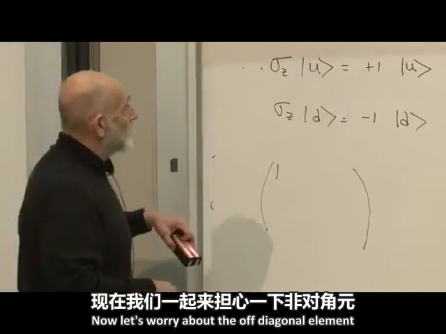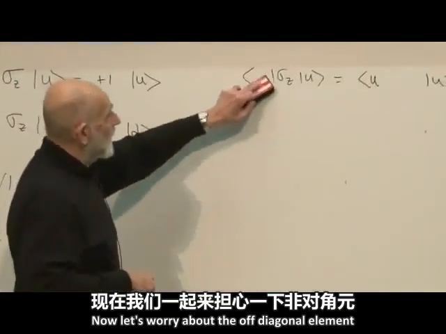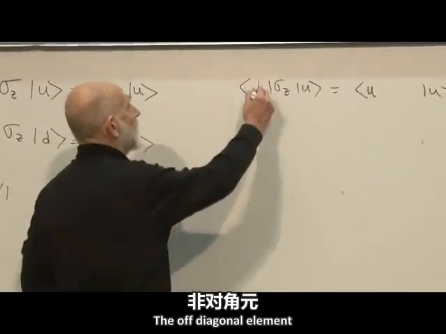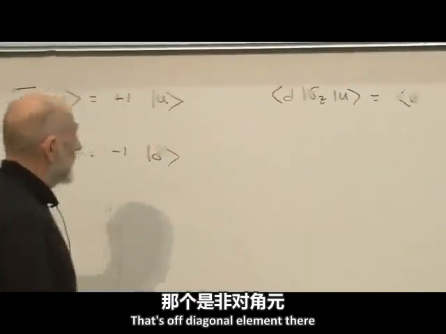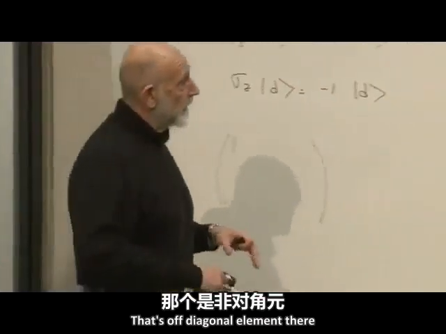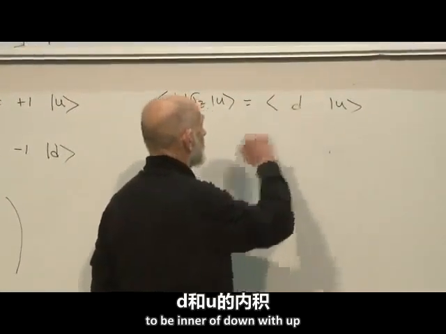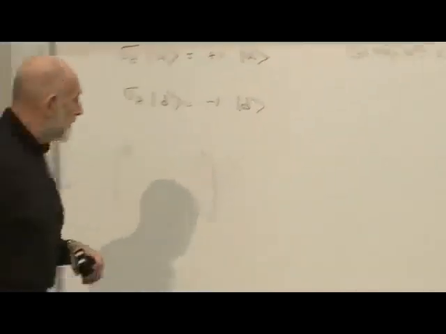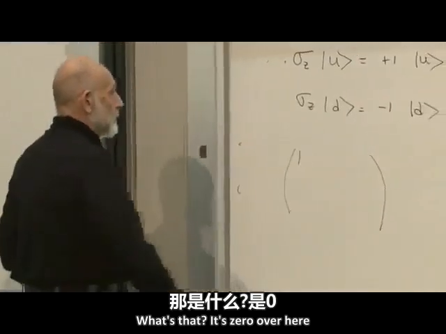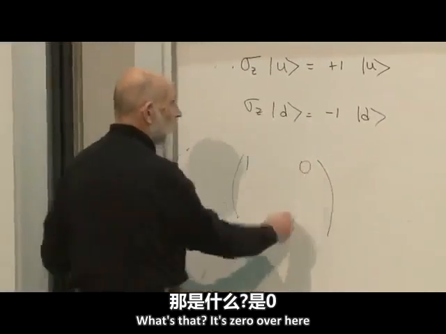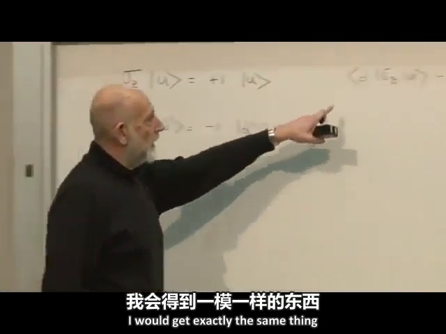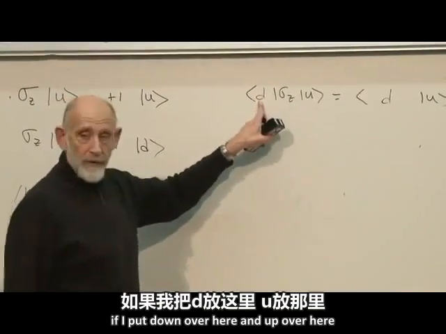Now, what about the off-diagonal element? That's going to be equal to the inner product of down with up. What's that? 0. I would get exactly the same thing if I put down over here and up over here.